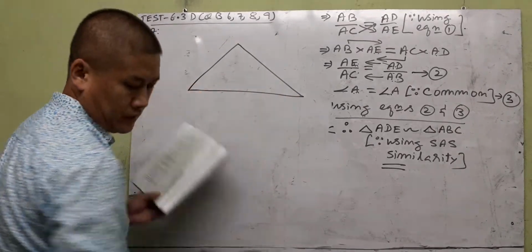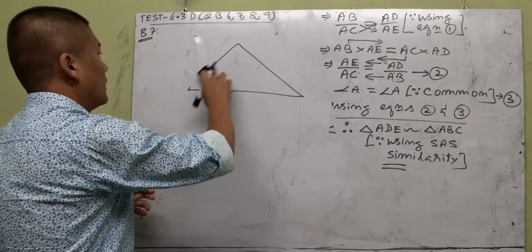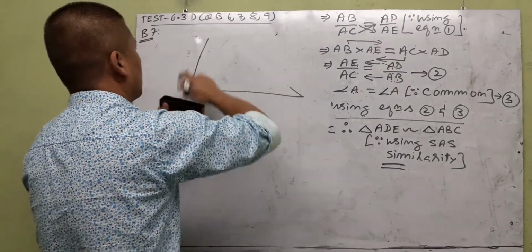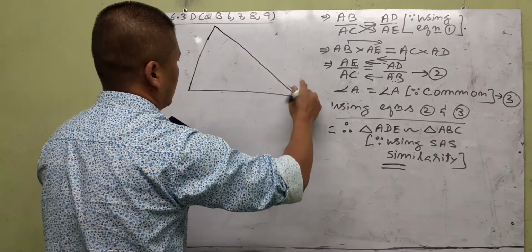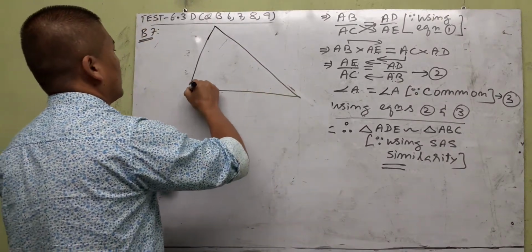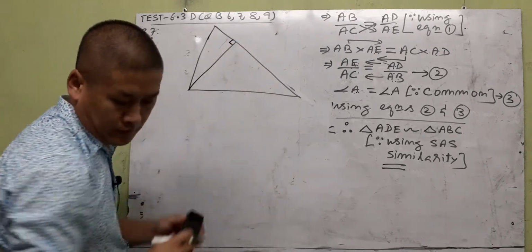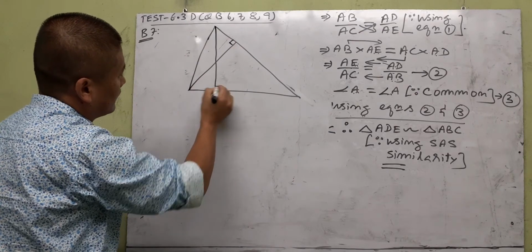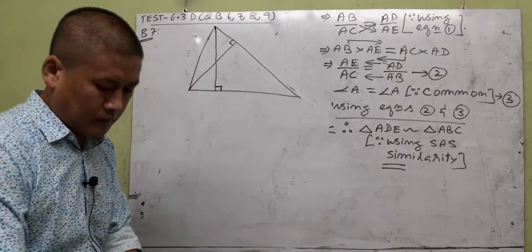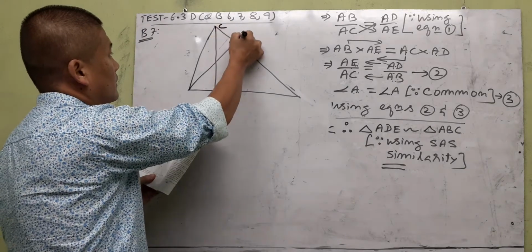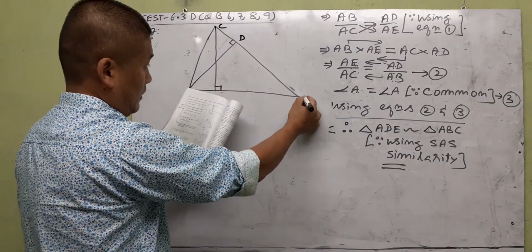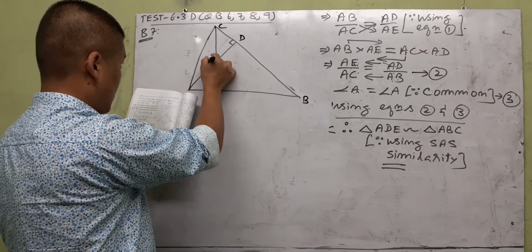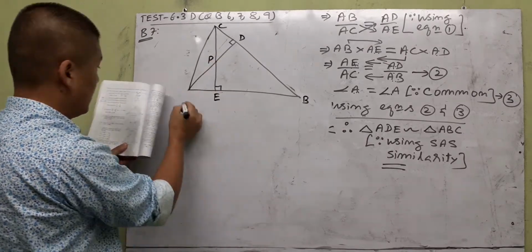Oh sorry, I think we need to draw it a little bit in the opposite fashion, like this, rather. So a line is drawn perpendicular, 90 degree here, and then here also another line drawn perpendicular, 90 degree. The letters here are C, D, B, E, the intersection point here P, A.